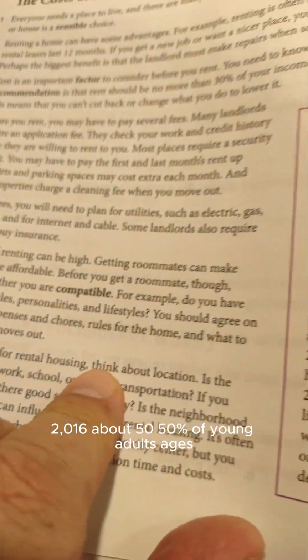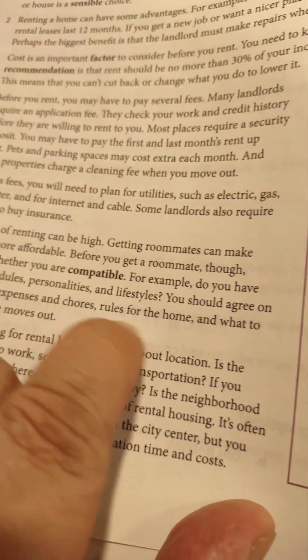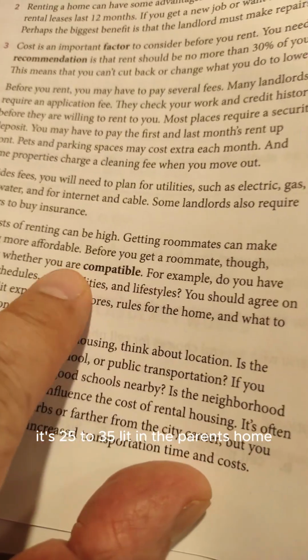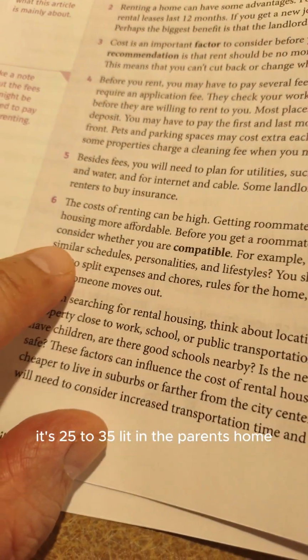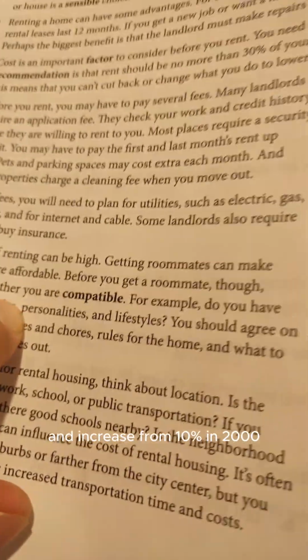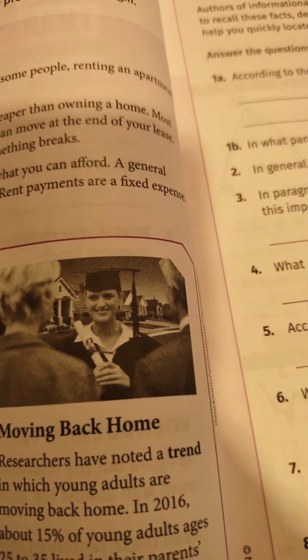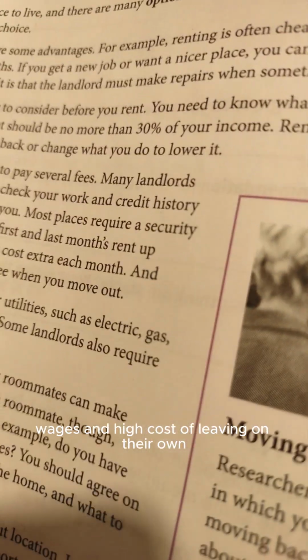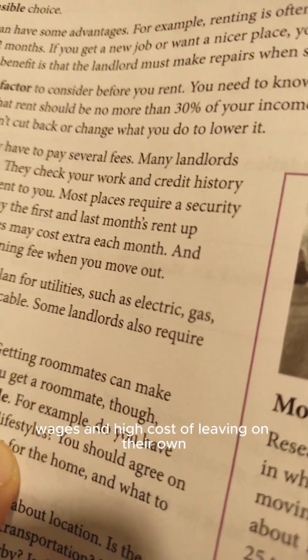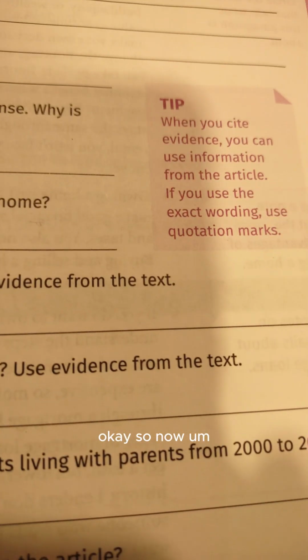Let's continue with the lesson. I get interrupted a lot of times. So when you get a roommate, you need to check if you have similar schedules, personalities, or lifestyle. So that should be for number 6.